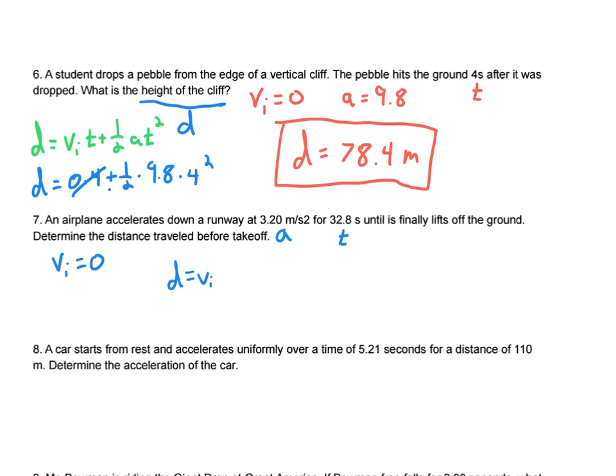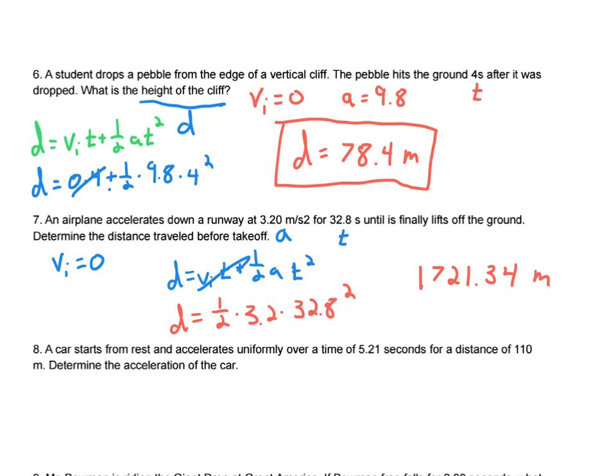Distance equals initial velocity times time plus 1/2 at squared. This term will go away again because initial velocity is 0, so distance equals 1/2 times 3.2 times 32.8 squared. 0.5 times 3.2 times 32.8 squared. I get 1,721.34 meters.